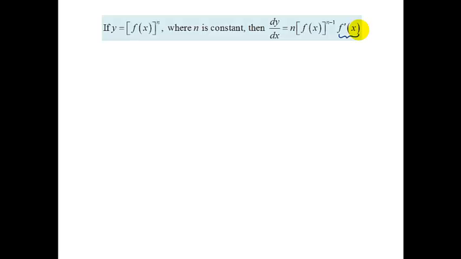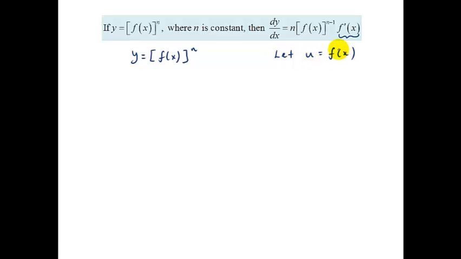I'm going to show you the proof of this formula. So I have y equals to f(x) and f(x) is raised to power n. What I'm going to do is let u be f(x).